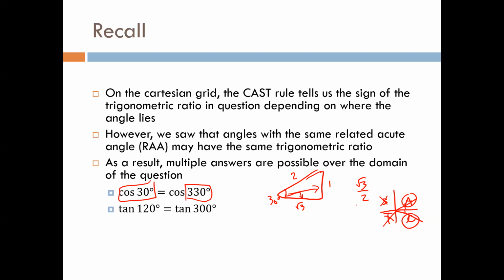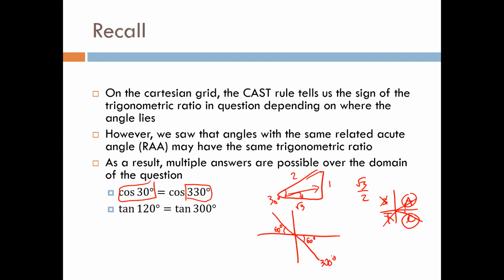And another example, the tangent of 120 degrees we know is equal to the tangent of 300 degrees. How do we know that? Well, we can draw out our CAST rule. We know that 120 degrees is right over here with a related acute angle of 60 degrees. And of course, 300 degrees is right here with a related acute angle also of 60 degrees.